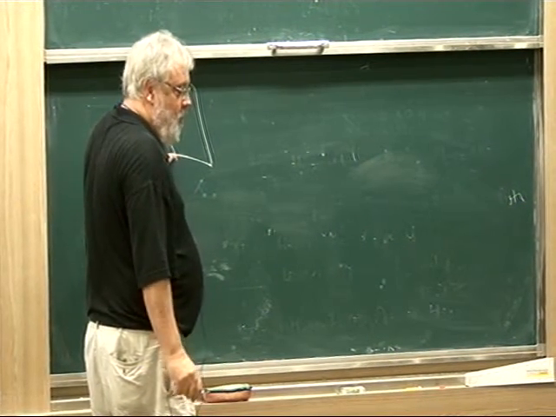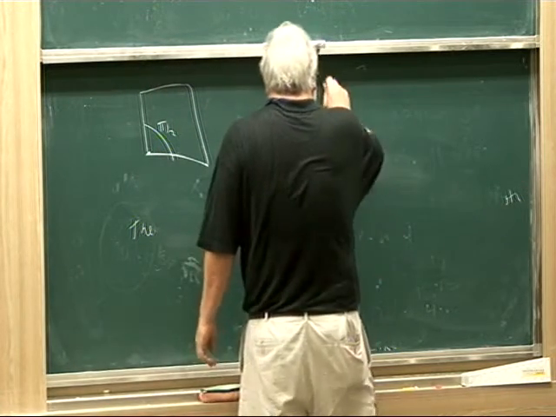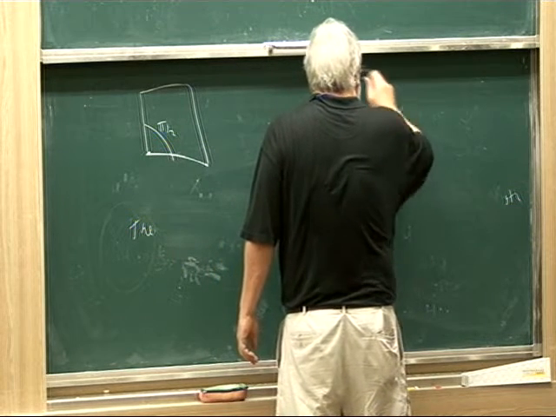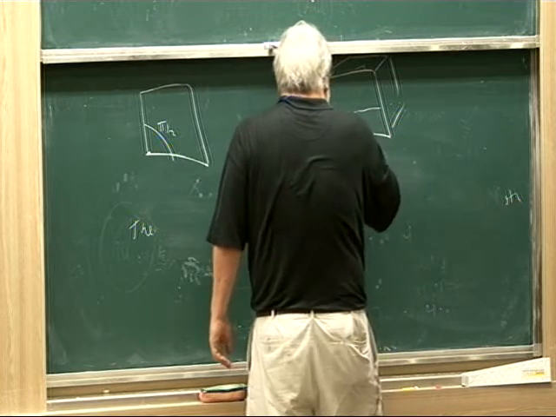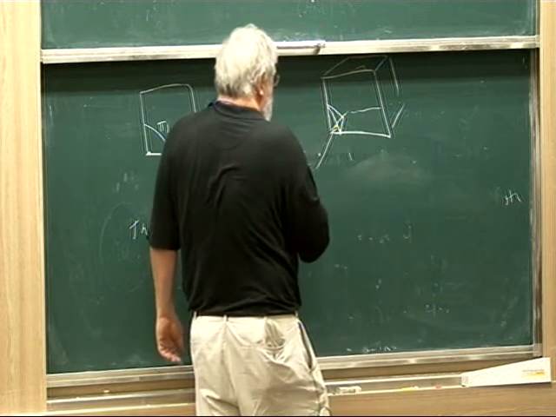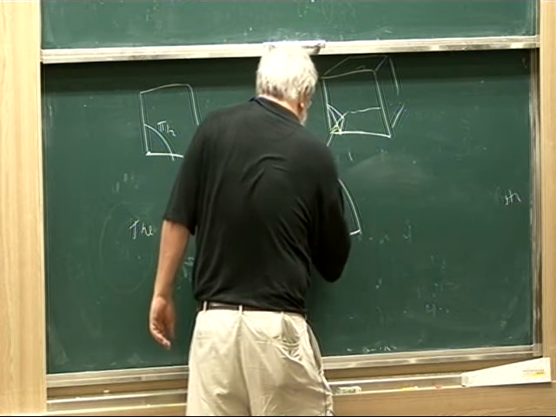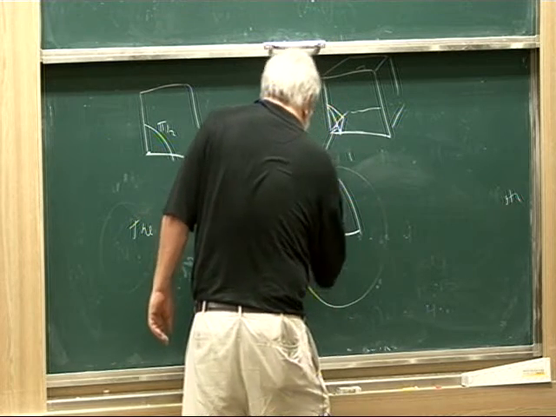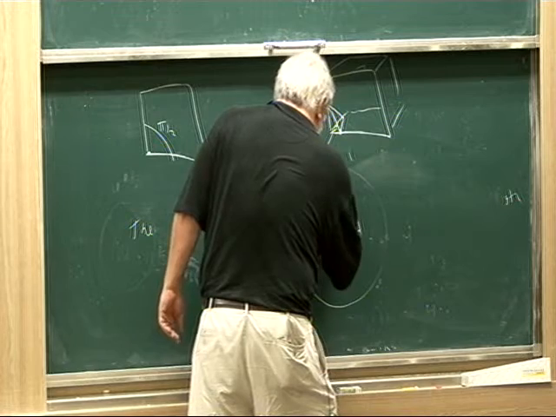You can think of that as an arc of a circle of length pi over 2, if you normalize things right. In a solid cube, the link of a vertex is a spherical triangle where all the angles are pi over 2.